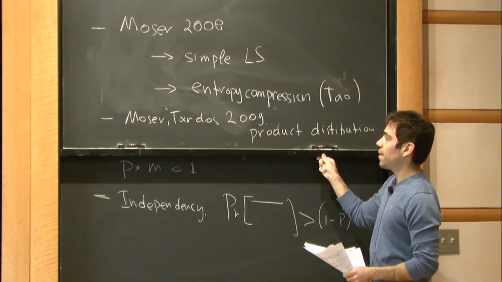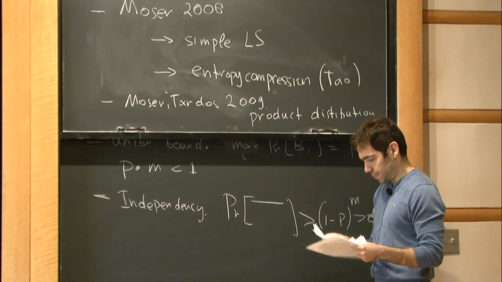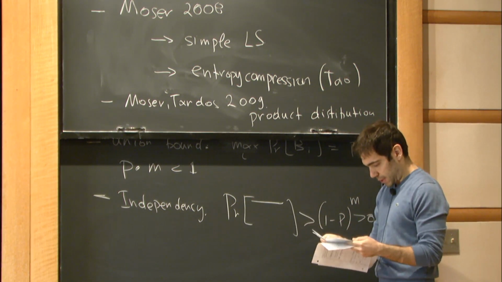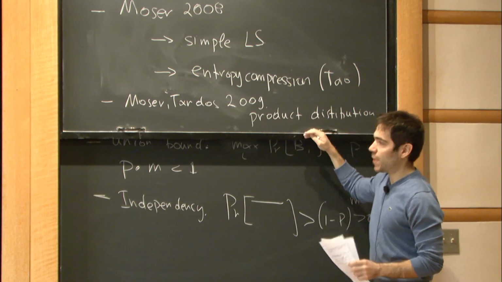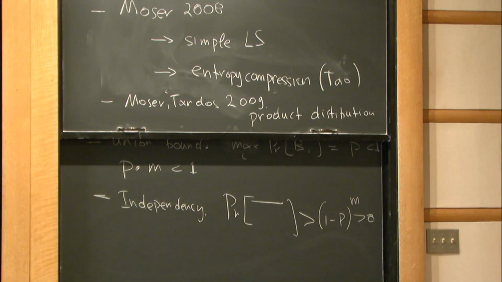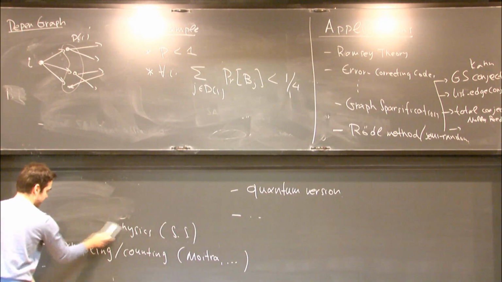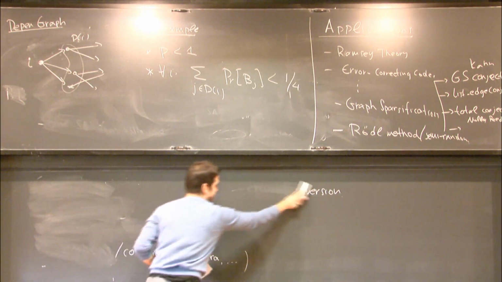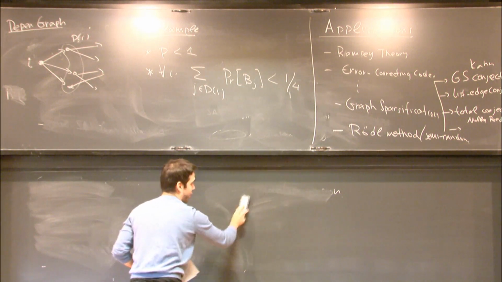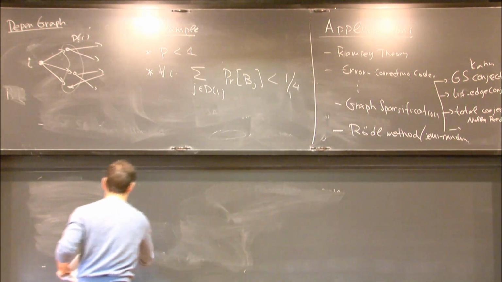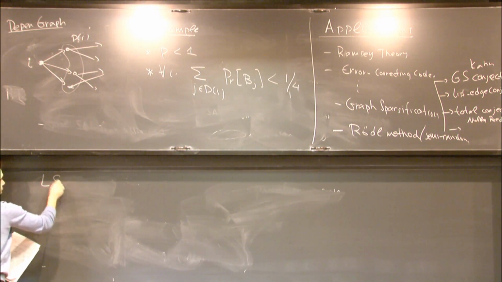Okay, and then others followed, and I guess what I want to talk to you about today is how these techniques that followed Moser and Tardos have connections with a class of algorithms. I'm going to call them local search algorithms.